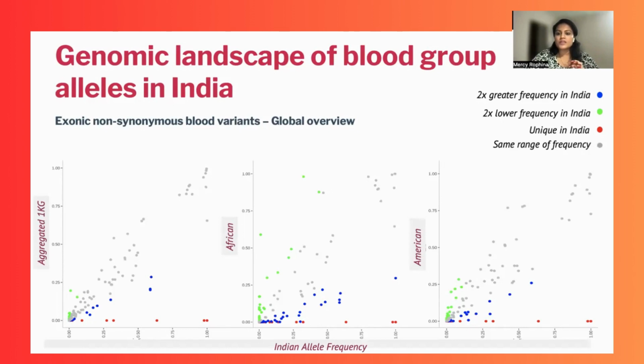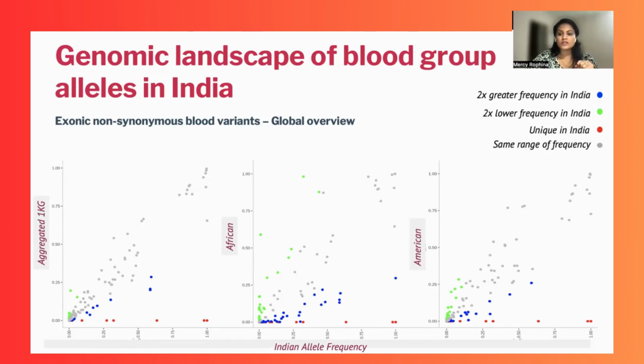If we take a quick look at the legend given in the top right corner, all those dots seen in blue signify the variants that are found at double the frequency or greater in the Indian population compared to the population we are comparing it to.